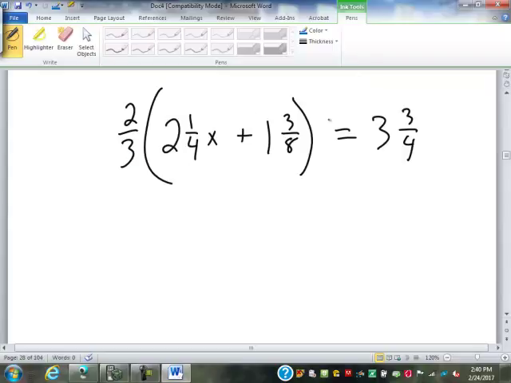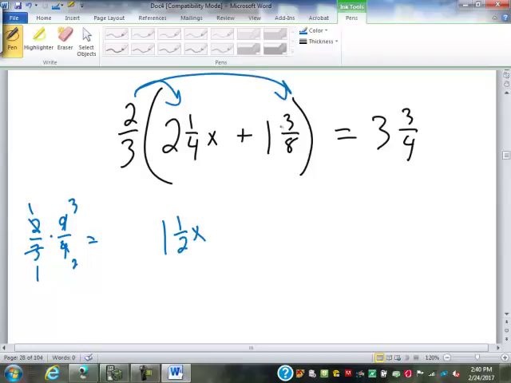We have to multiply by the 2/3 again. So what is 2/3 times 2 1/4? We have to make 2 1/4 into an improper fraction. That'll be 9/4. So it ends up being 3 halves, or 1 1/2. So it's 1 1/2 x.